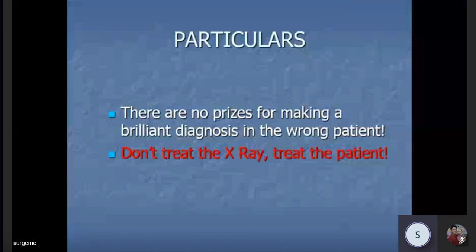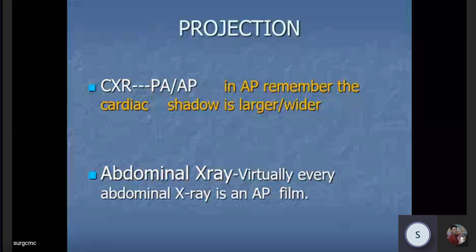And how to understand what is an AP view X-ray in chest X-ray? You can see the cardiac shadow, which is much larger because the rays are coming from the front. So ultimately the projection of the rays, the opacity behind on the plate, is much wider and larger. So if you get a hugely large heart on X-ray, please check whether it's a PA or AP view.